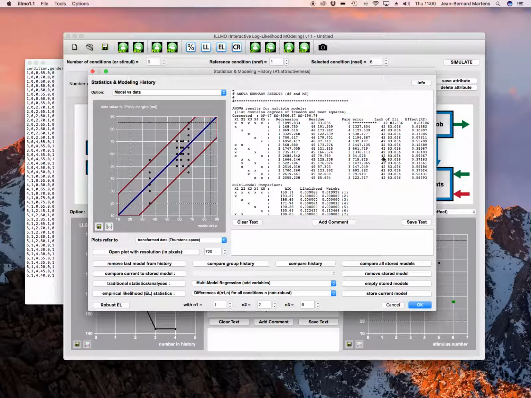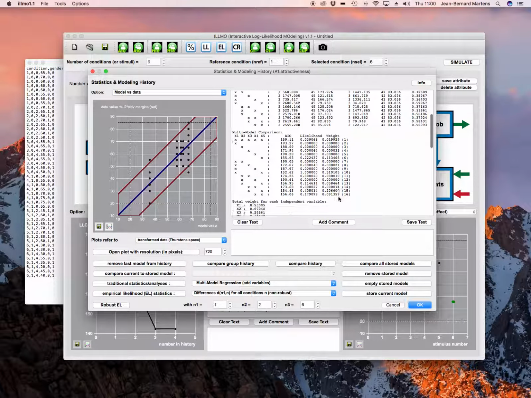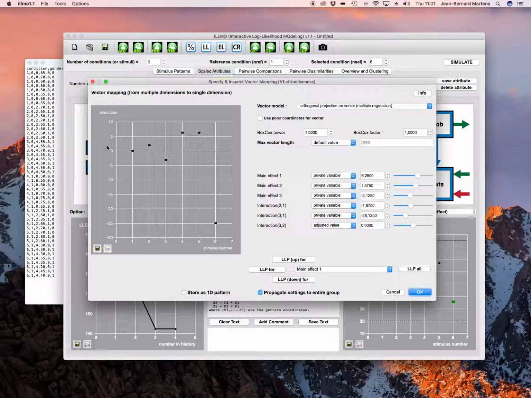We see that the one with the highest weight, here about 50% of the weight, is the case that only has 2 effects: the main effect of the first variable, which is male or female, and only an interaction effect between what we were always expecting, male and high levels of alcohol consumption.